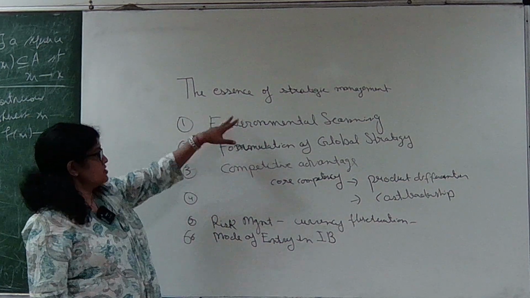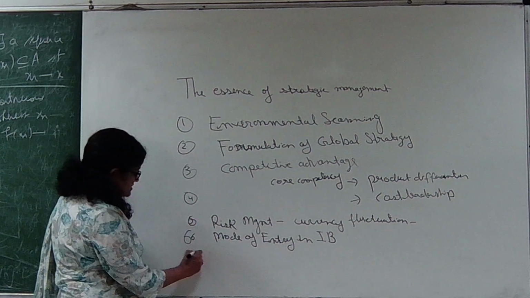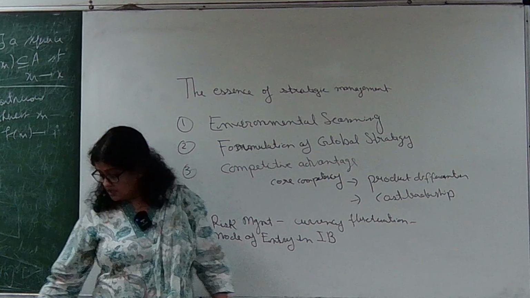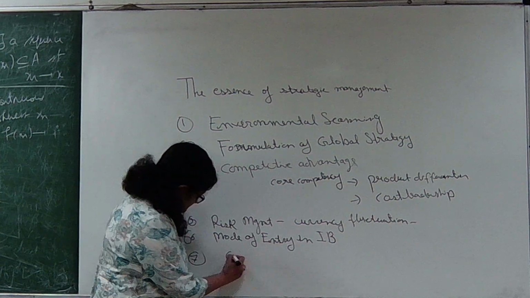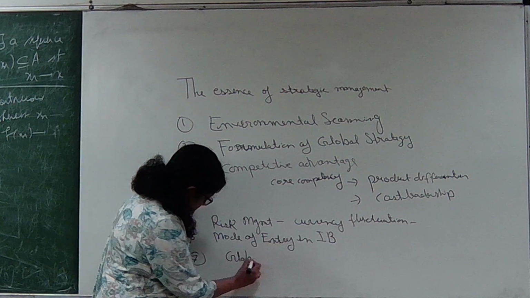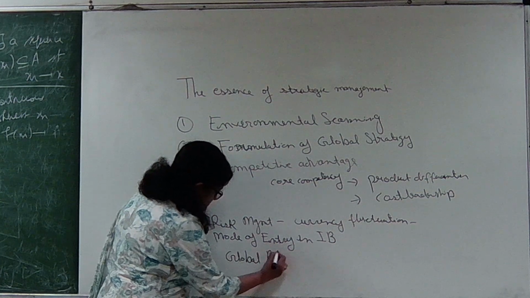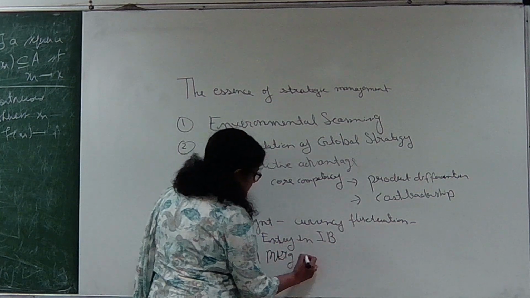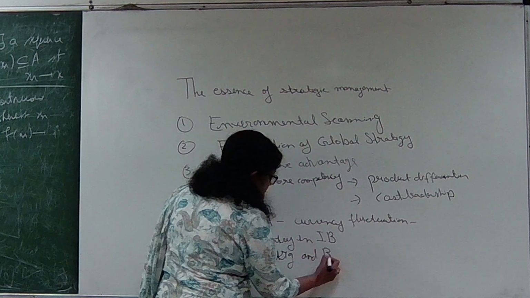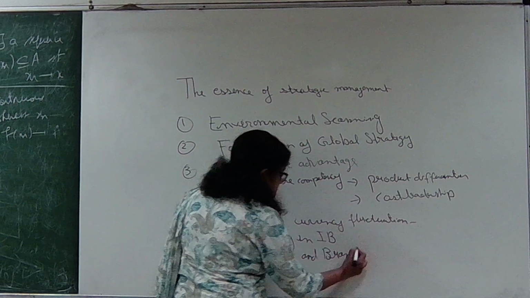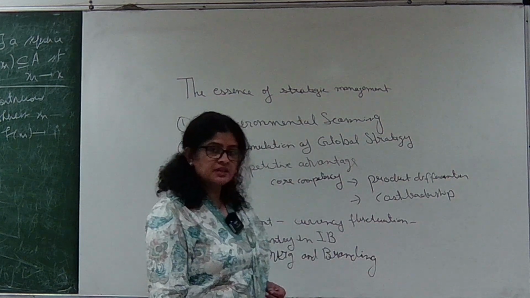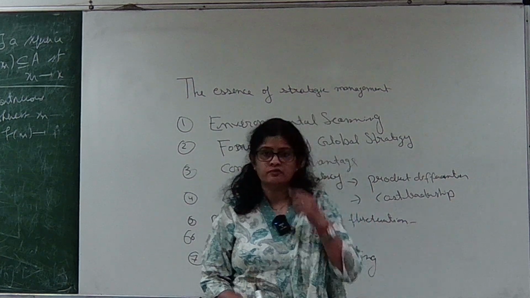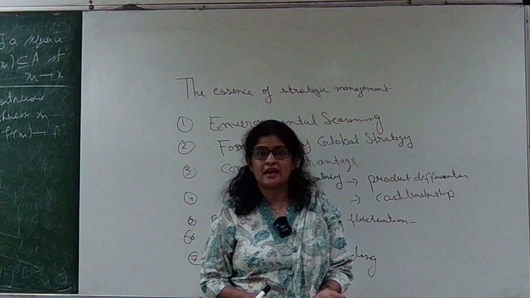As the essence of strategic management, the seventh point lies in global marketing and branding. The objective of going international is that I want to expand my brand beyond my national borders.